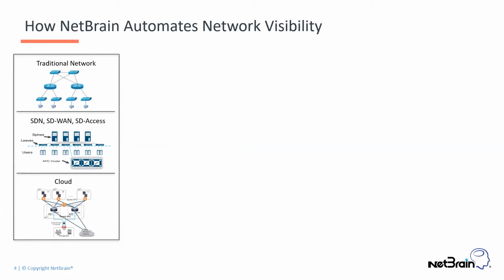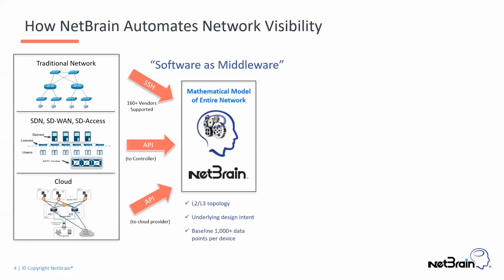So this visibility must include robust details on configuration, topology, and network telemetry information. So what NetBrain does is discover your complete network and construct a mathematical data model of the entire environment. This includes both the physical and the logical topologies, gathering data, providing detailed views on layer 2, layer 3, SD-WAN elements, and so on.